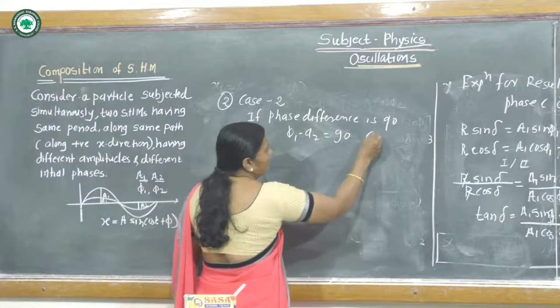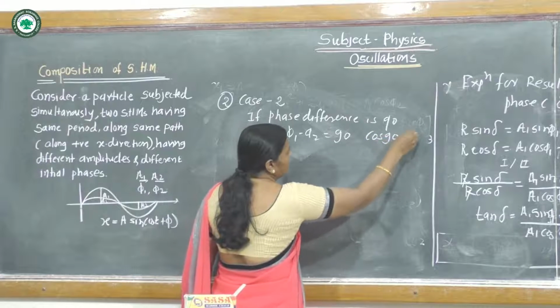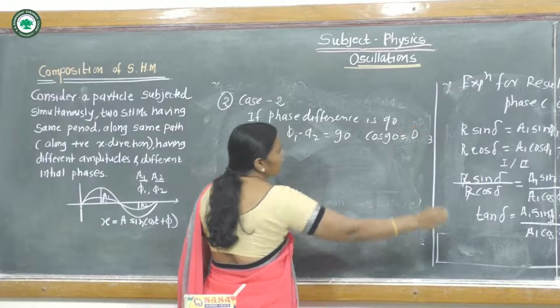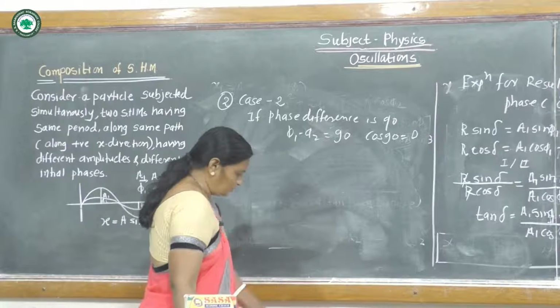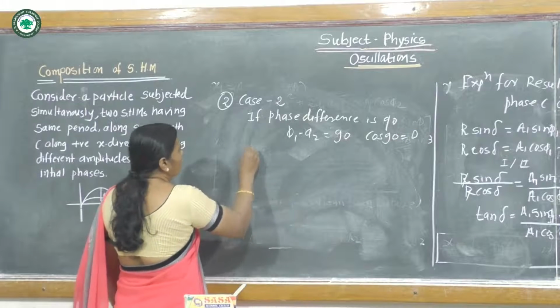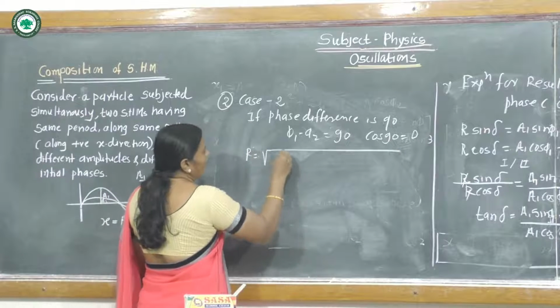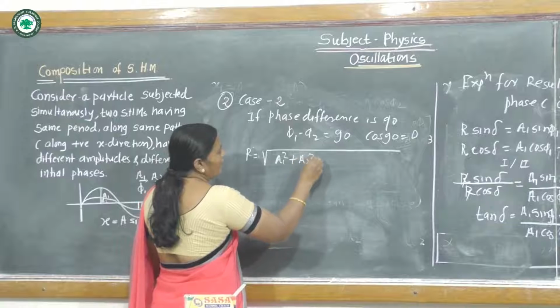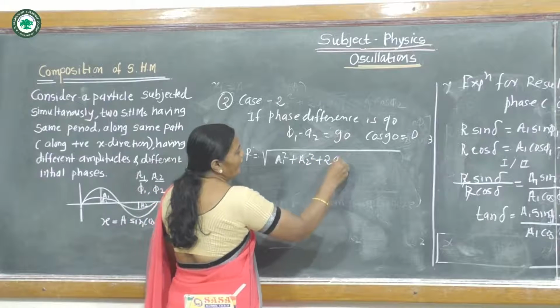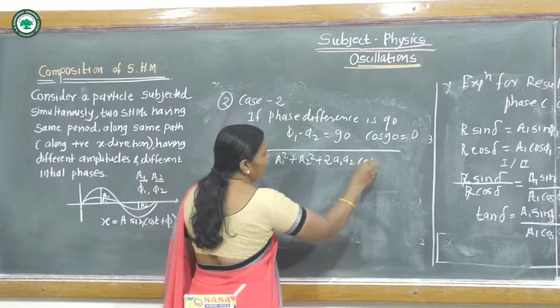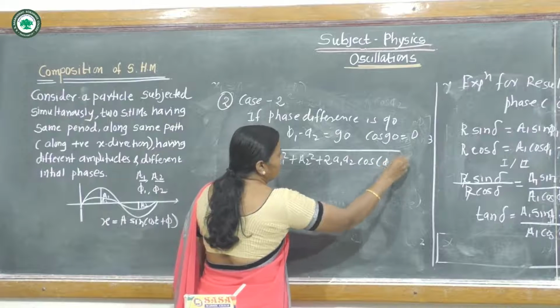Therefore cos 90 is equal to 0, and we get R is equal to under root A1 square plus A2 square plus 2A1 A2 cos of phi 1 minus phi 2.